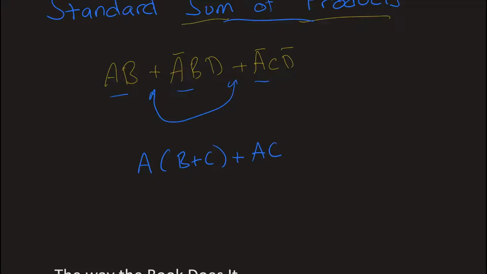Notice this would not be a sum of products because we've got a bunch of other complicated stuff happening here. But if we just multiply it all out, so I do A times B, or A times C, or AC, now notice it's a sum of products. We have a bunch of products being summed. And so that's why this is easy. If you ever need to get there, you just multiply everything out.